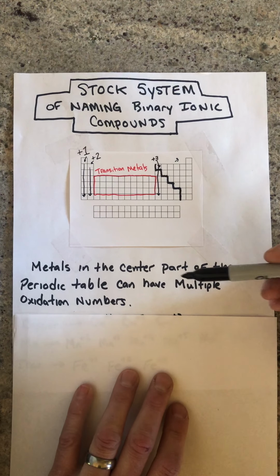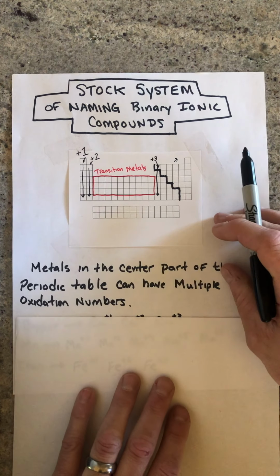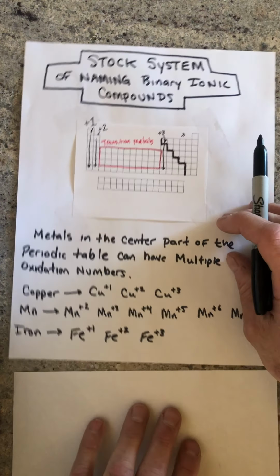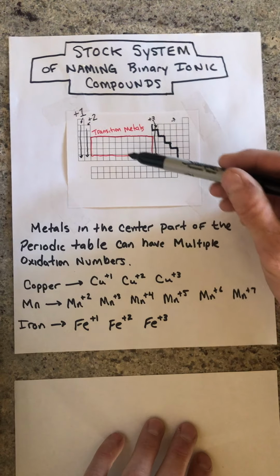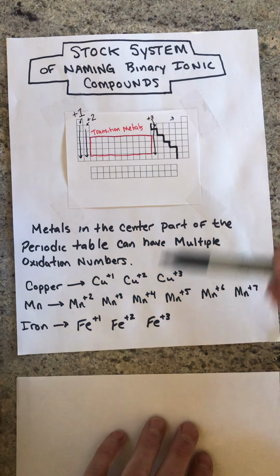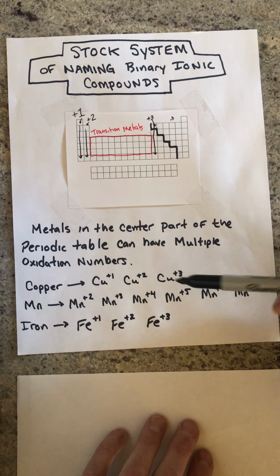And here's that. Metals in the center have multiple oxidation states. So here's just a few examples that live here in this transition metal group. Copper, for example, will oxidize with a +1, +2, or +3 oxidation state.